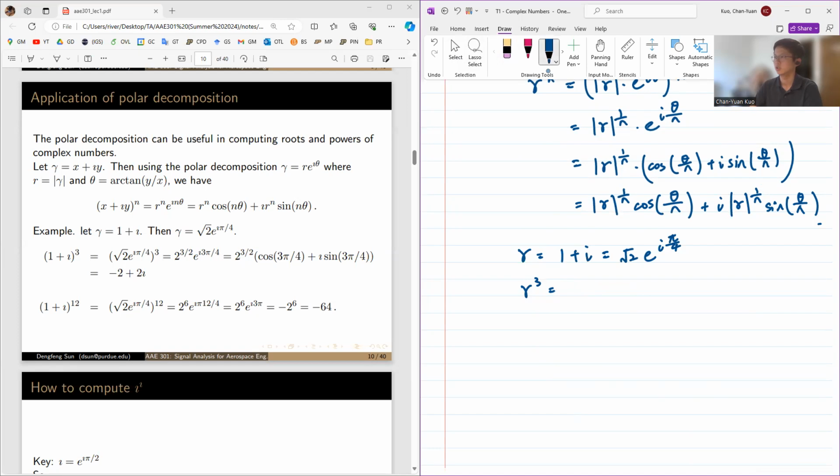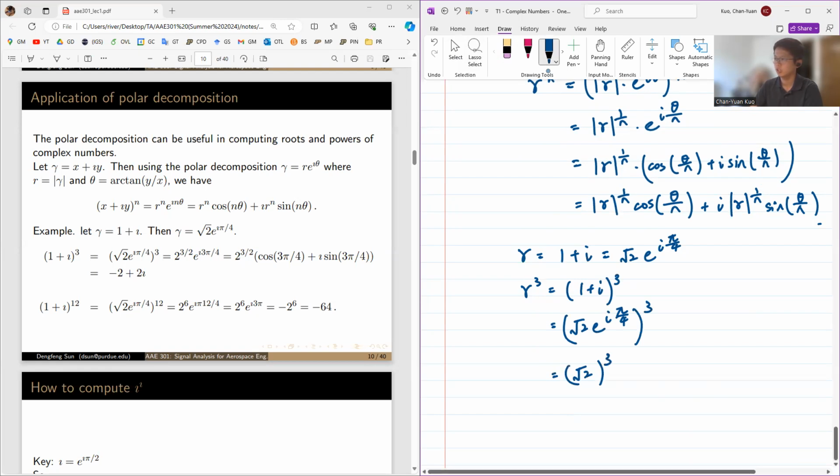This is going to be (1 plus i) cubed, and this is equal to the square root of 2 times e to the i pi over 4, to the power of 3. So here we will have the square root of 2 to the power of 3 times e to the i 3 times pi over 4.